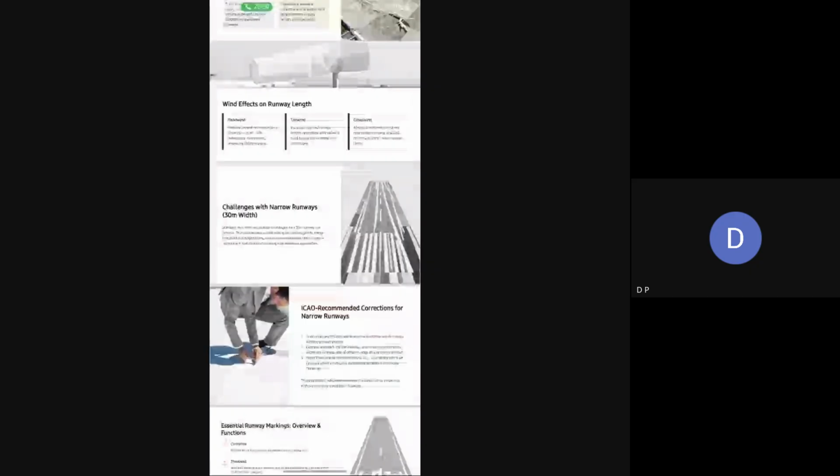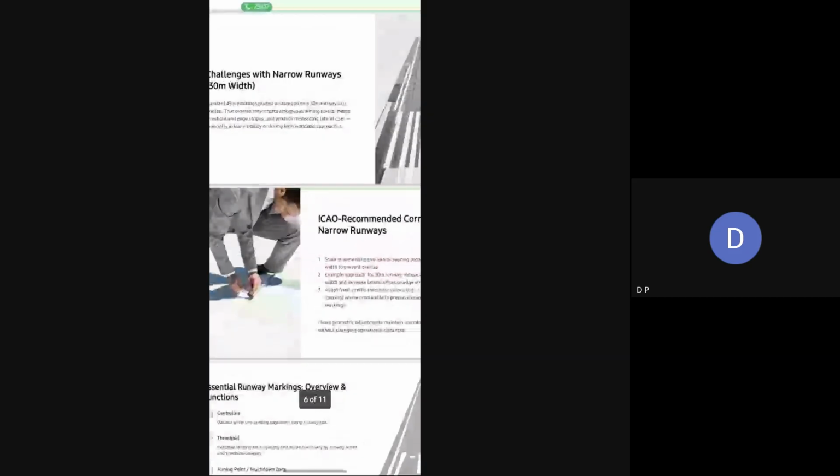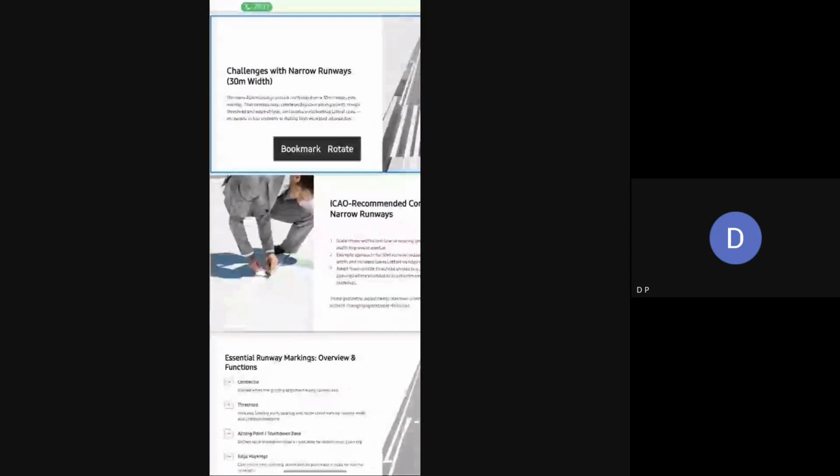Wind affecting runway length. A 30-meter wide runway can overlap. That overlap may create aiming point merge through shore and edge strips and provide misleading cues, especially in low visibility and during high speed workload approach.